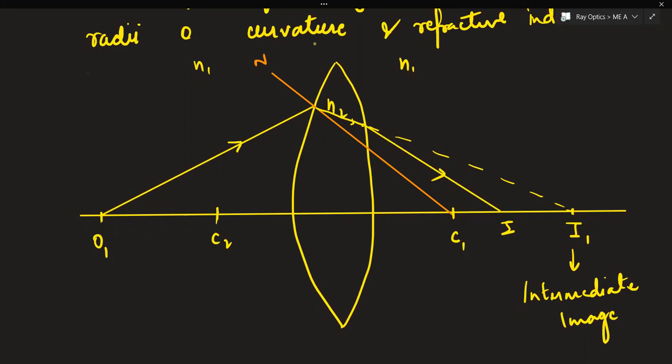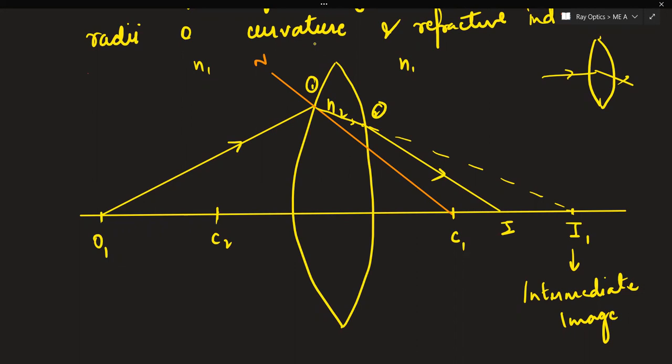When you draw ray diagrams for this derivation, you have to draw it like this. But in general, when we see the lens formula, you'll notice that we don't perform this twice. We just simply take the lens and show one-time refraction like this. But in detail, this is occurring, because of this intermediate image.